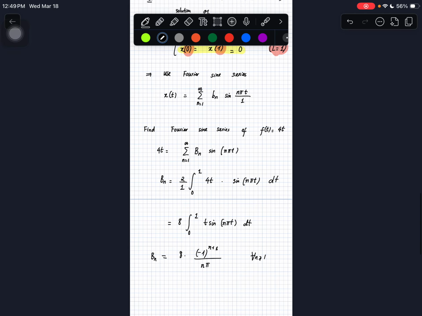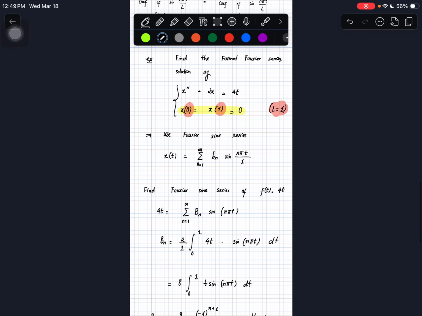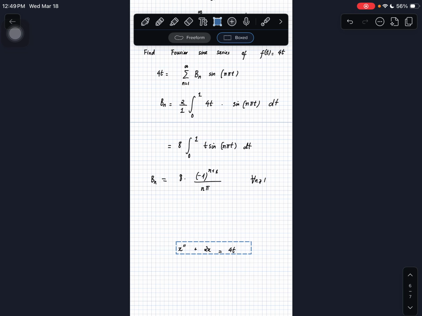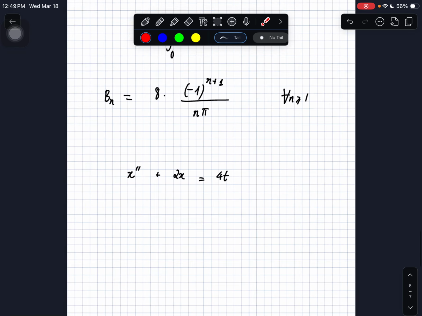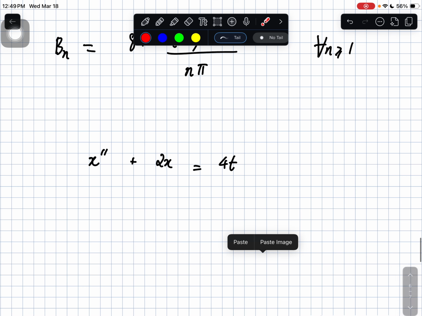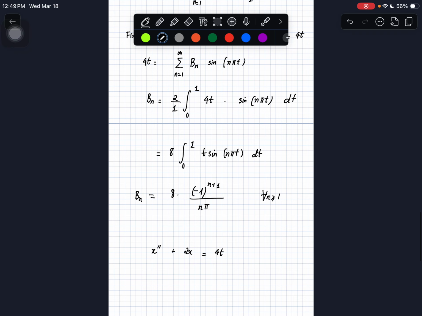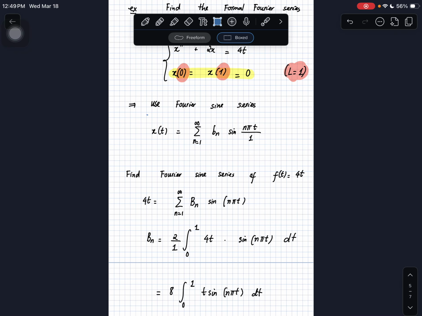Now we can substitute everything into the ODE here. We need x double prime. For our case, x equals this Fourier sine series.